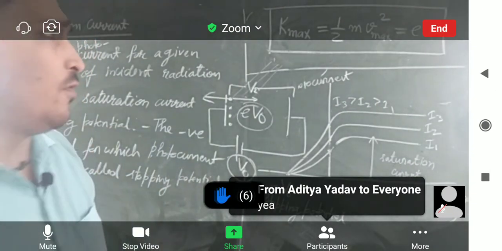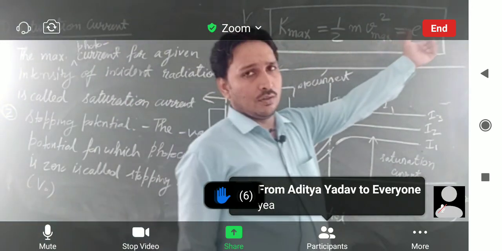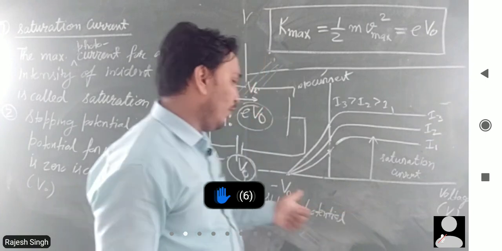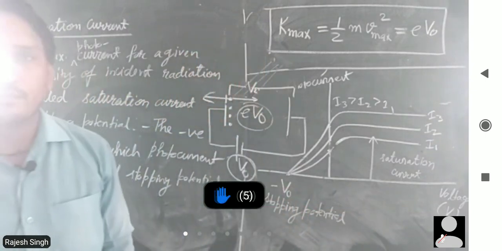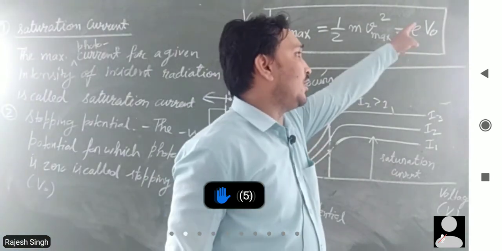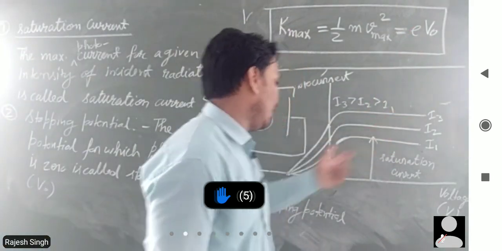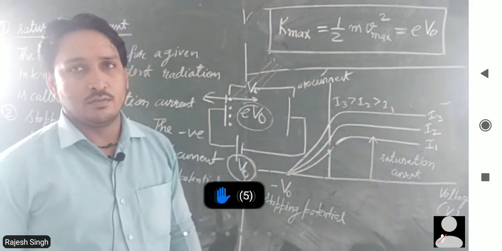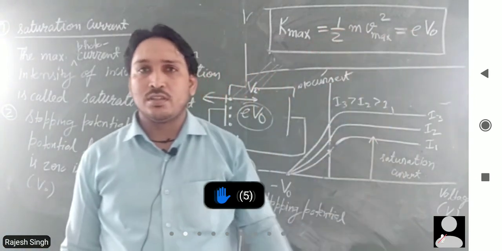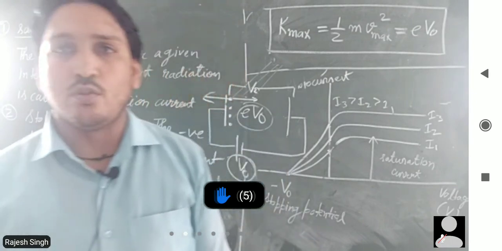Just see the formula. K max is equal to eV0. For different intensity, do we have a different stopping potential? No, we don't. For different intensities I1, I2, I3, we have the same stopping potential. So if V0 is the same, then K max is also the same.